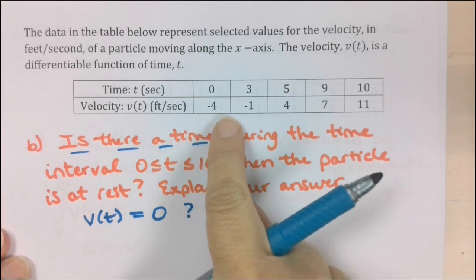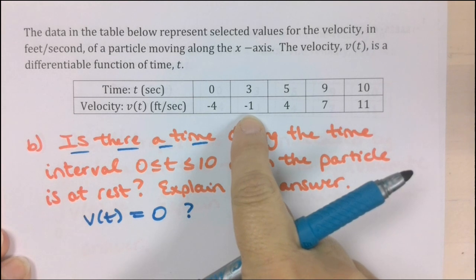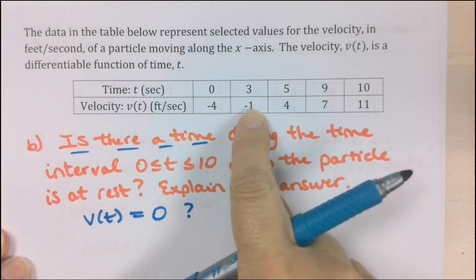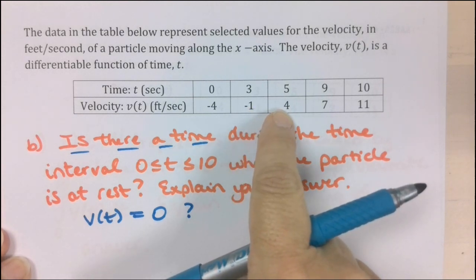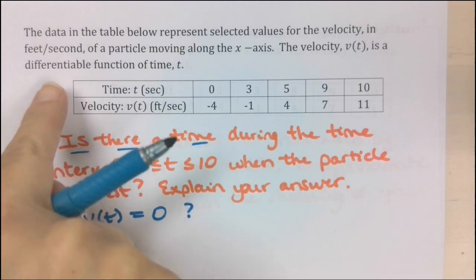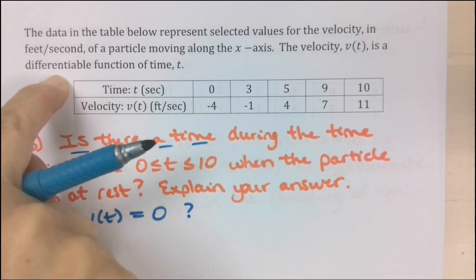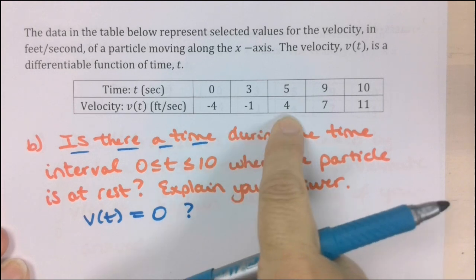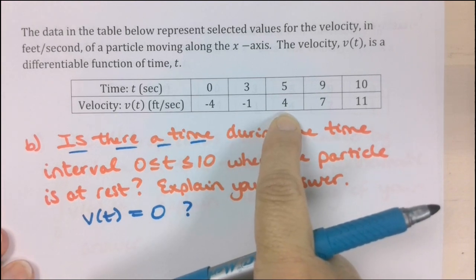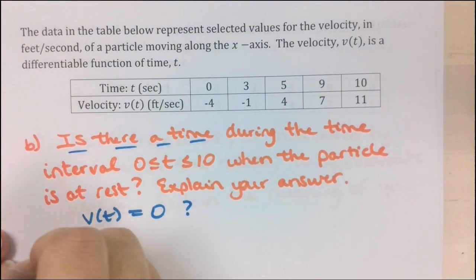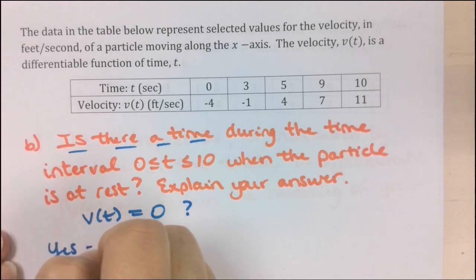Well, if I look at the data in my table, I can see that here I have a negative value at t equals 3, and then at t equals 5, we're at a positive value. And since my function is differentiable, I know it's continuous, and therefore sometime between 3 and 5, the velocity would have to be 0. So we're going to say yes.